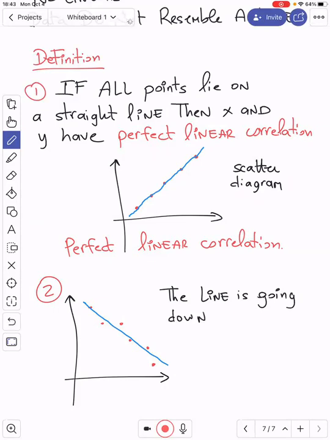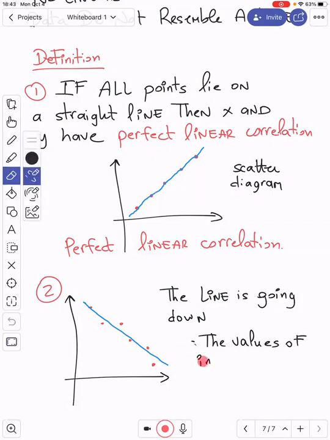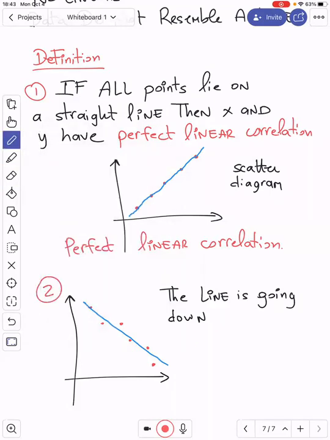So in other words, as X increases, the values of Y decrease, okay? So the values of Y decrease as the values of X increase.